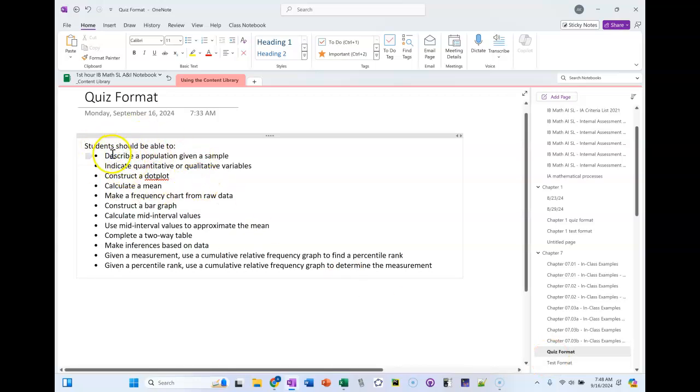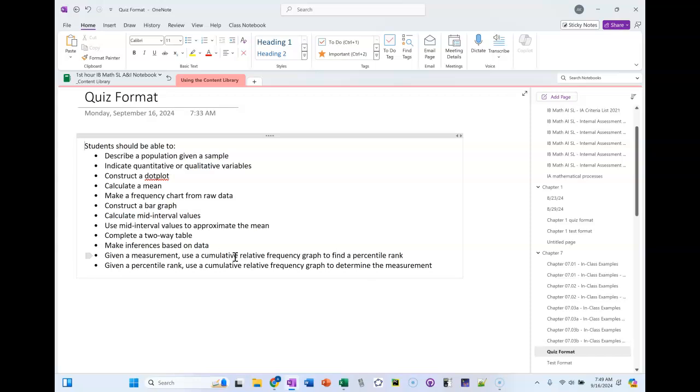For the quiz, you should be able to describe a population given a sample, indicate whether a variable is qualitative or quantitative, construct a dot plot, calculate a mean, make a frequency chart from raw data, construct a bar graph, calculate mid-interval values, use those mid-interval values to approximate a mean, complete a two-way table, make inferences based on data, and then given a measurement, use the cumulative relative frequency graph to find the percentile rank, or given a percentile rank, use the cumulative relative frequency graph to determine a measurement.